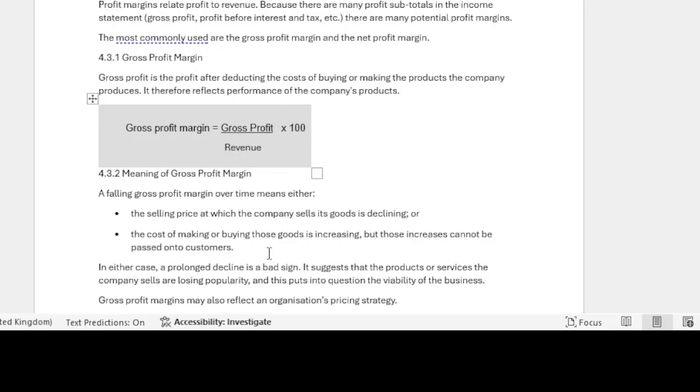So at this point, do you think we would take a project which has a higher percentage or a lower percentage?